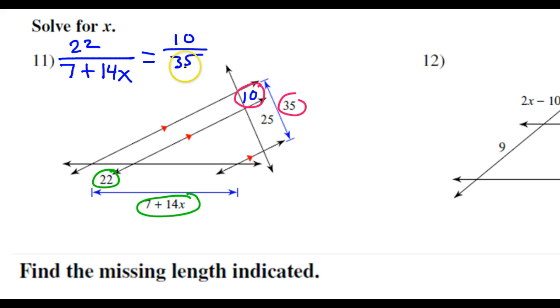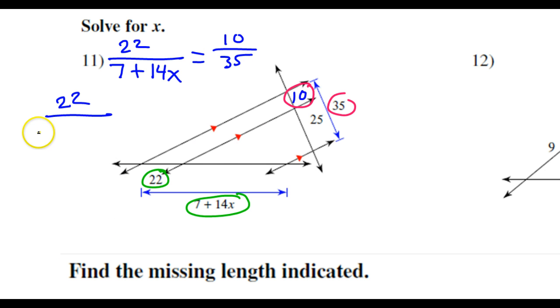Both of these are divisible by 5, so that's going to be 2 over 7. So that's going to give me 22 over 7 plus 14x is equal to 2/7. Now as I cross multiply, remember when I multiply 2 times 7 plus 14x, I'm going to have to do the distributive property.